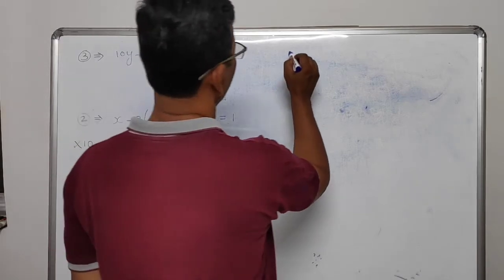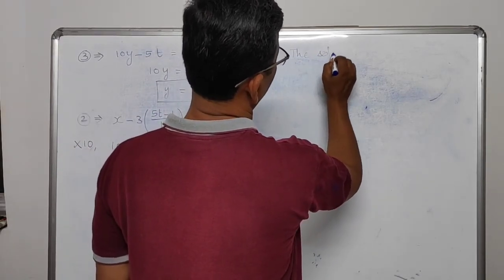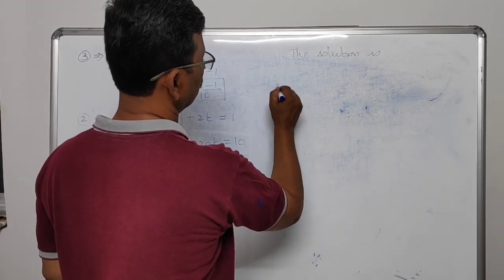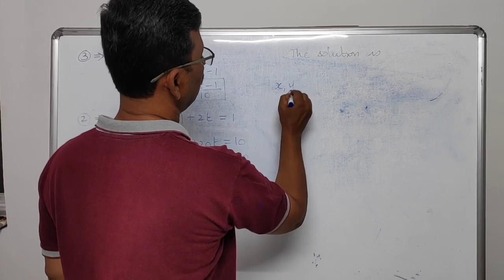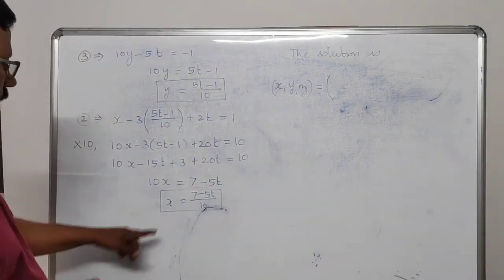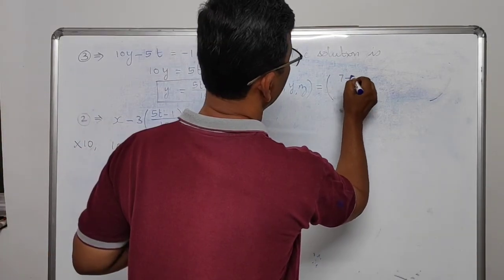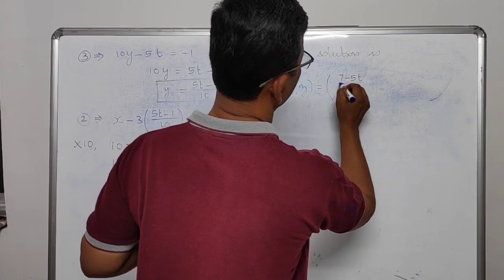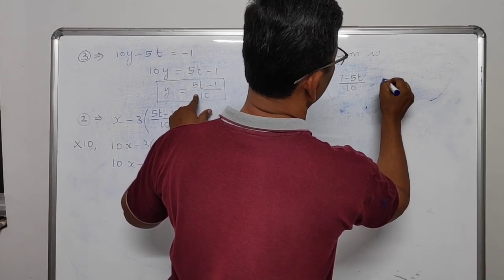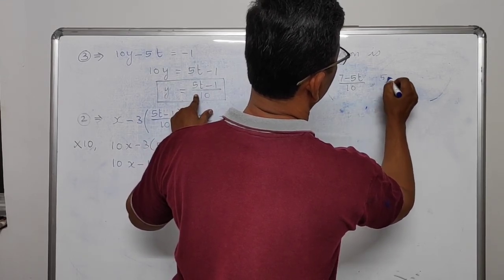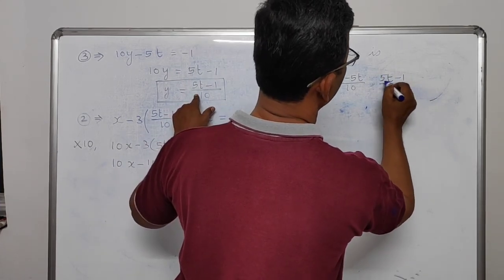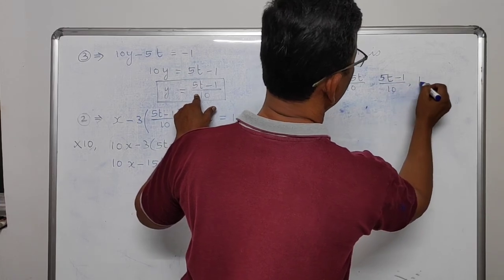After that we can write, therefore the solution is x comma y comma z is equal to, the value of x is (7 minus 5t) by 10, then the value of y is (5t minus 1) by 10, then the z value is t, already we have taken.